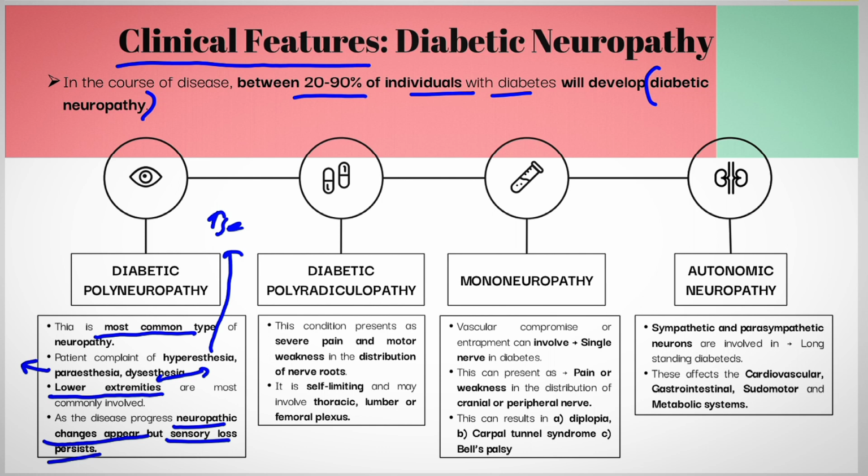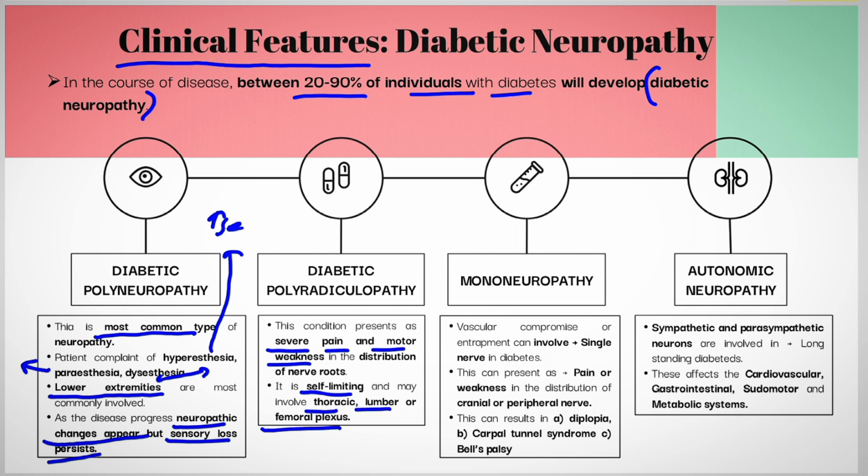In this condition, the person will feel severe pain and motor weakness along the distribution of the nerve roots. However, this diabetic polyradiculopathy is a self-limiting condition, and it can involve any thoracic, lumbar or femoral plexus.